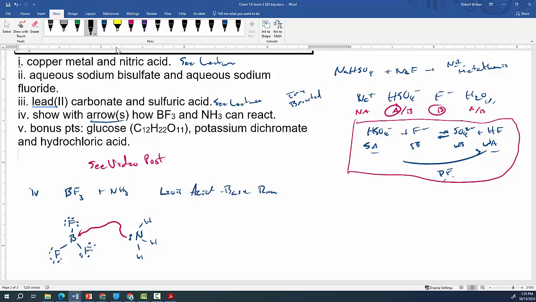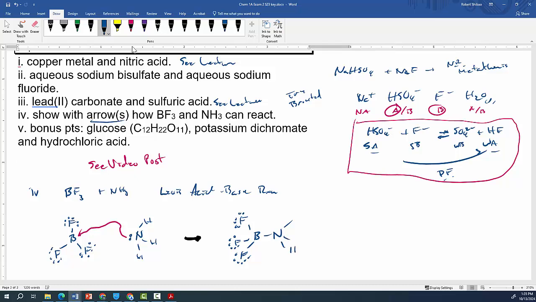And what we form is something called a Lewis acid-base adduct, which is going to look something like this here. Where the lone pair now is a bonding pair.